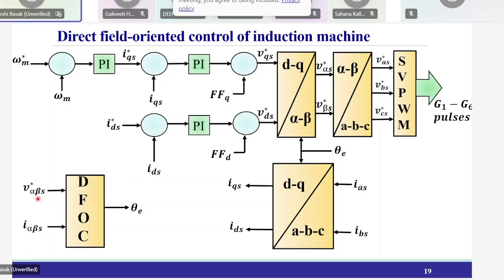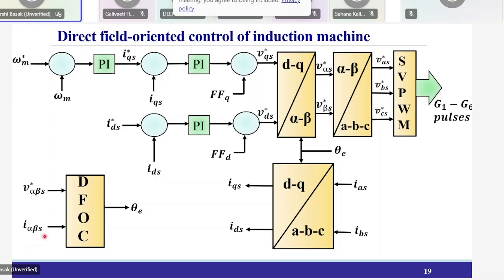So here, first of all, you try to get the reference values of V alpha S and V beta S, which are given from this expression. Okay, and here you sense the currents. From IAS, IBS you will get the values of I alpha S and I beta S by using the Clarke transformation, the stationary reference frame transformation, right?